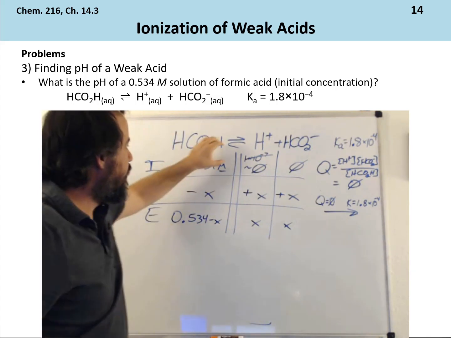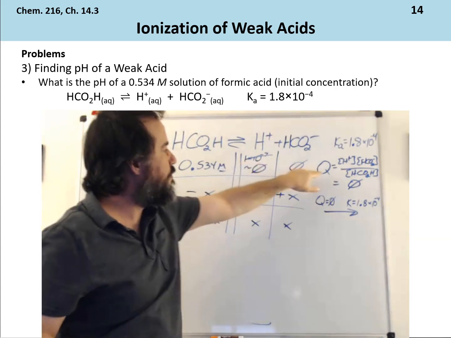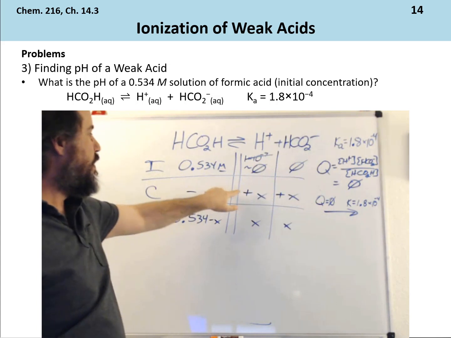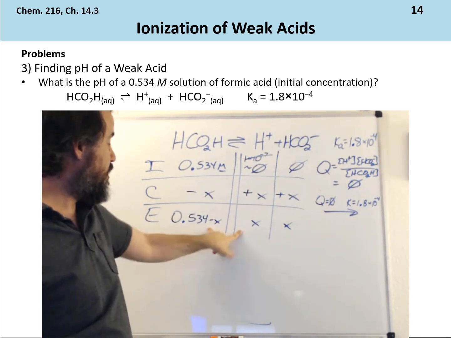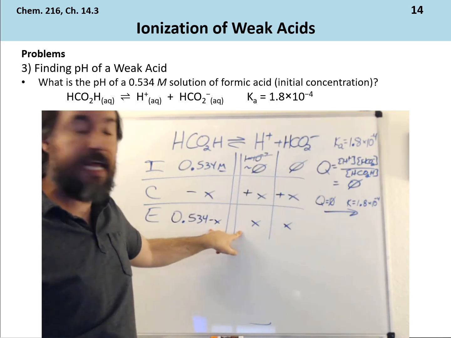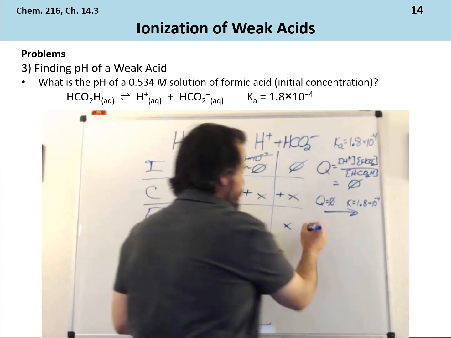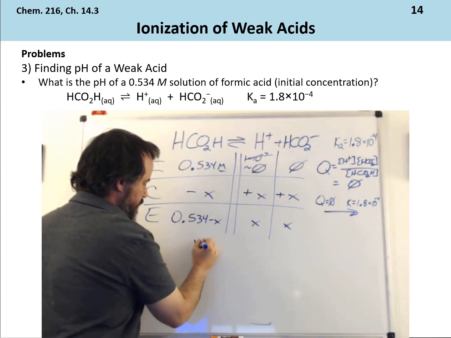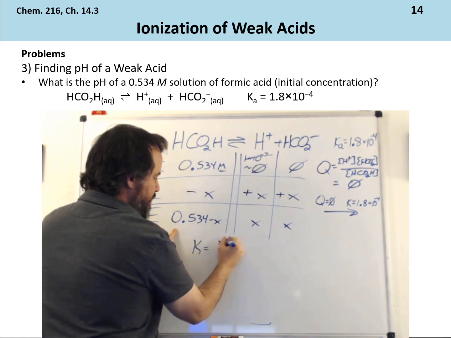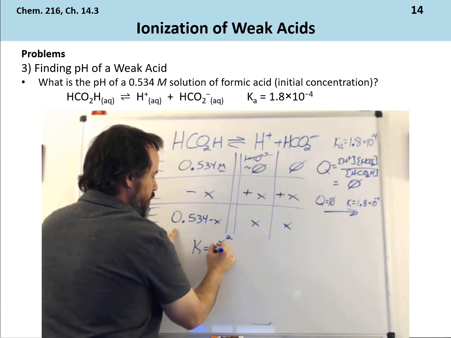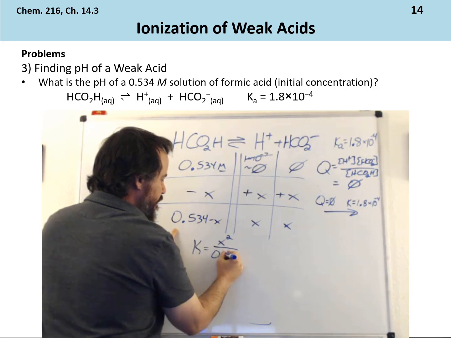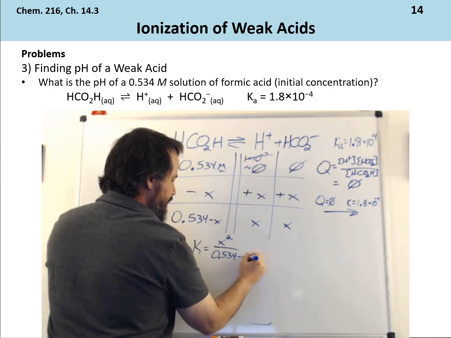I start off with my initial, found Q, found the shift, found the changes, found the equilibrium in terms of x, and now I plug it back in. So I have K equals x times x, so x squared, over 0.534 minus x.